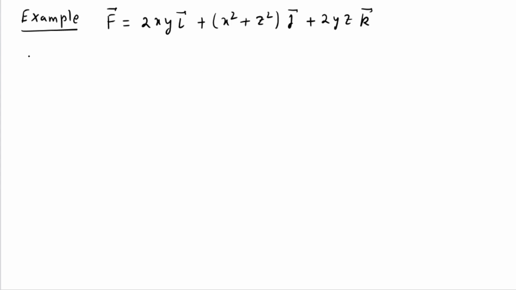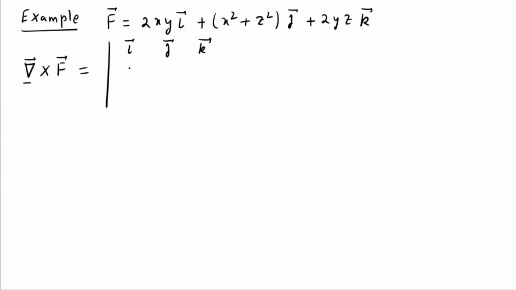Let the vector field be given by f equal to 2xy i plus x square plus z square j plus yz k. We want to find curl of f. Curl of f equal to, let us write i, j, k.